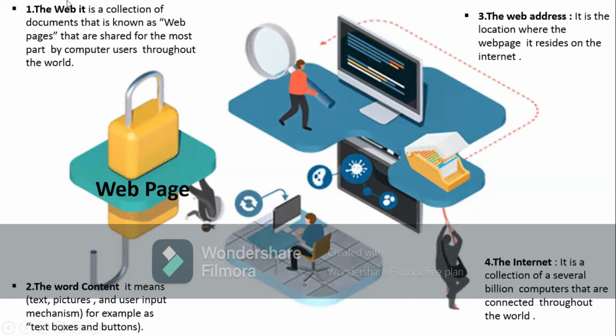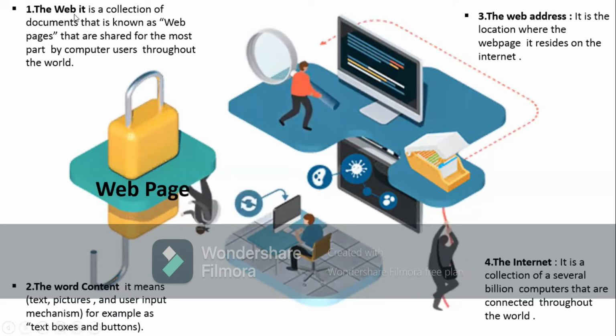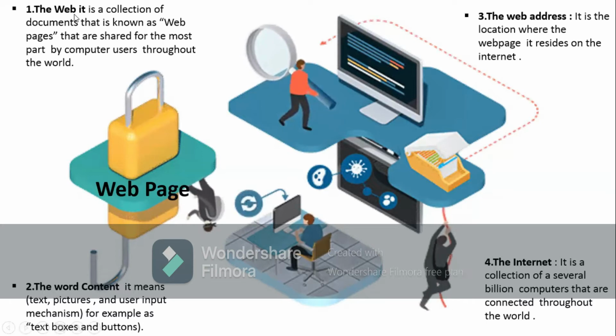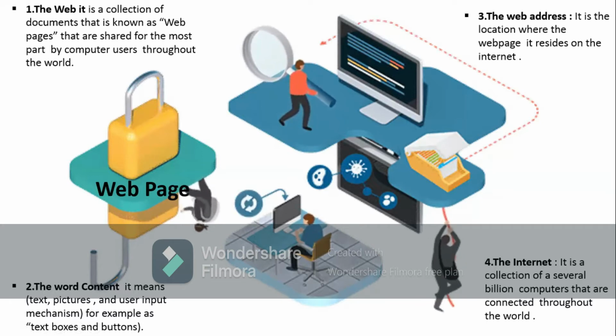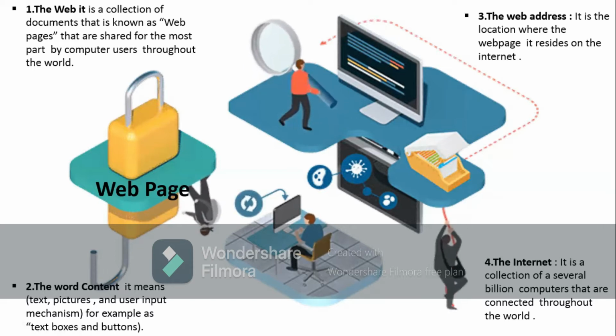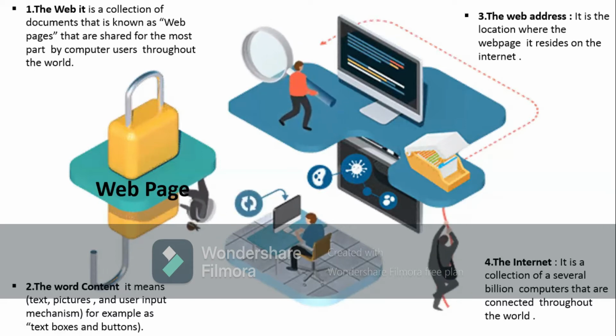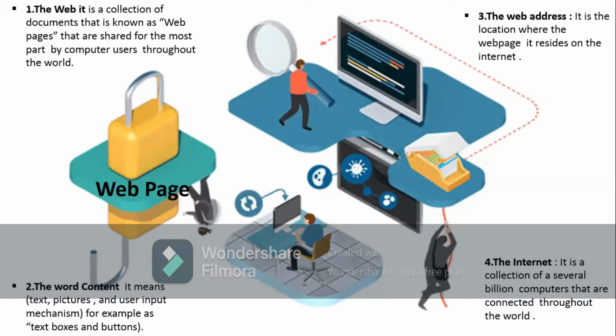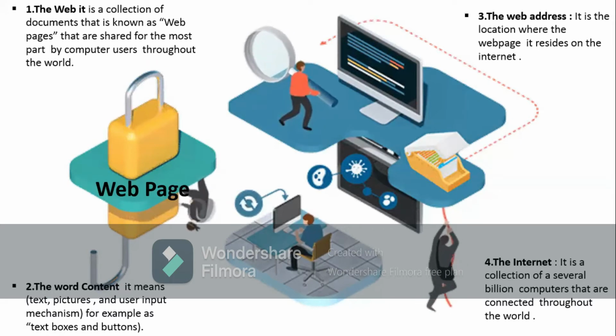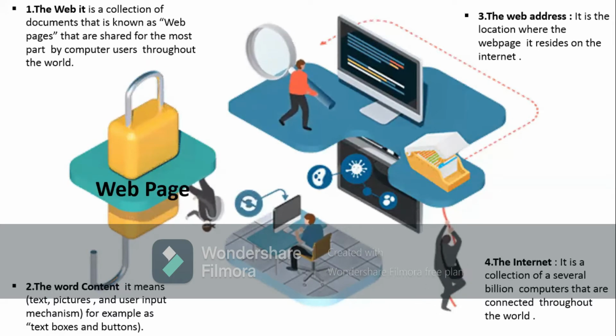So the web is a collection of electronic pages, all bound together and shared among many computers, which reside on a single shared server that many computers are able to access by using a web address.